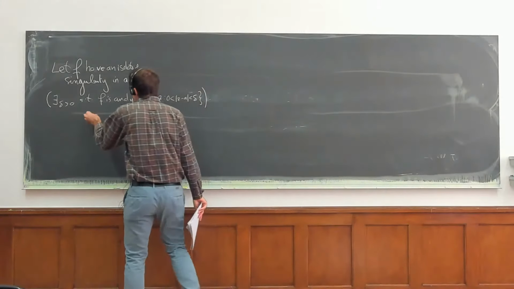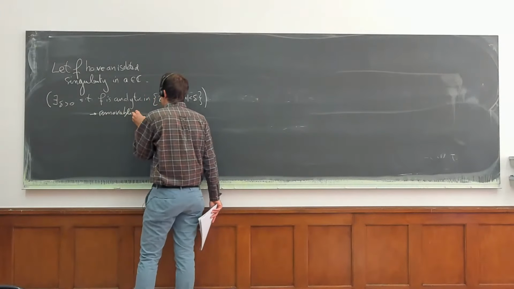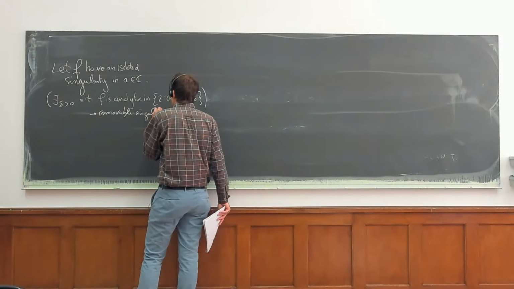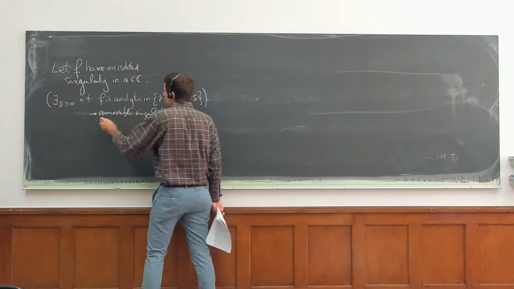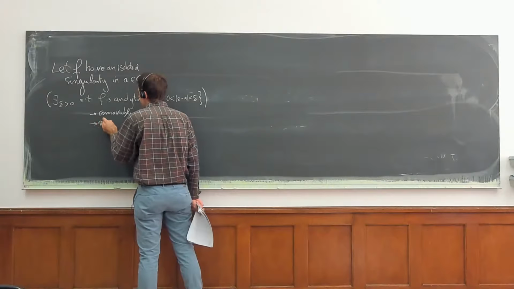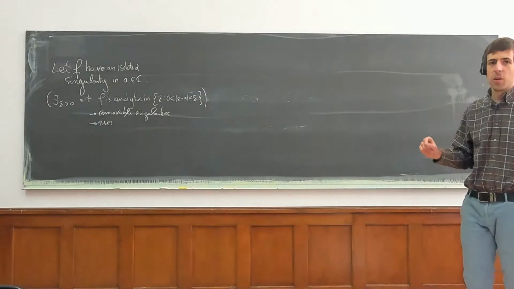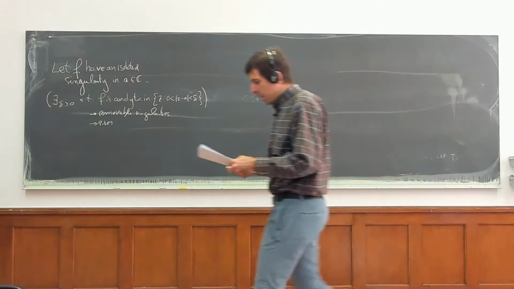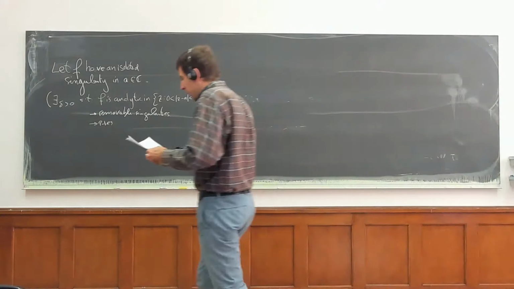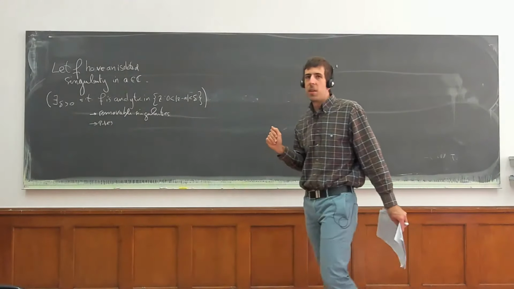We talked about removable singularities, where the function can easily be extended to A, and poles, where the reason f is singular at A is because f looks like 1 over (z minus A) to some power. And now what we're going to do is a characterization of all the possible isolated singularities that can happen.